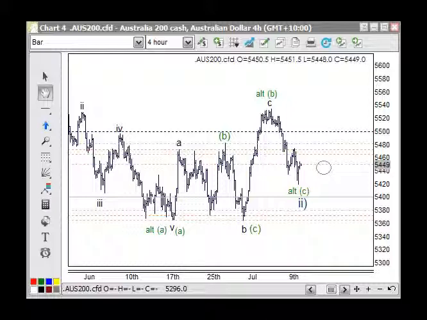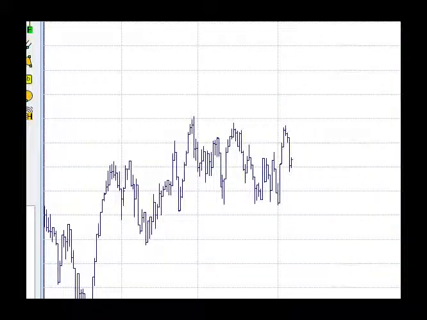Starting with the Australian market, the ASX 200 CFD here. Look, I've got too many counts all over the place for this, but I just want to explore a couple of other possibilities. This is the XJO, the ASX 200 here, and this move across here is quite complicated.